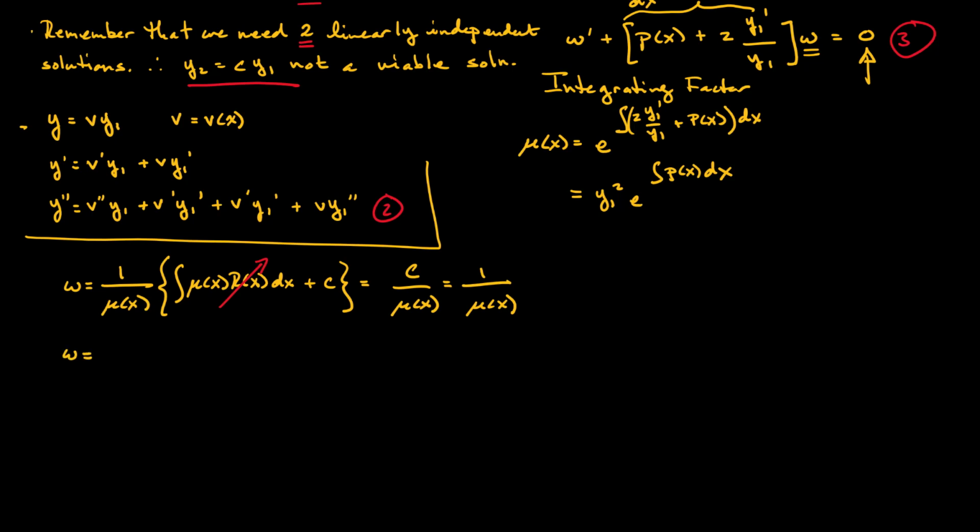So w will be equal to 1 over mu of x, which we found to be equal to this. So this is 1 over y1 squared multiplied by e to the power of negative integral of p of x dx. And now remember that we've said that w is just equal to dv by dx.